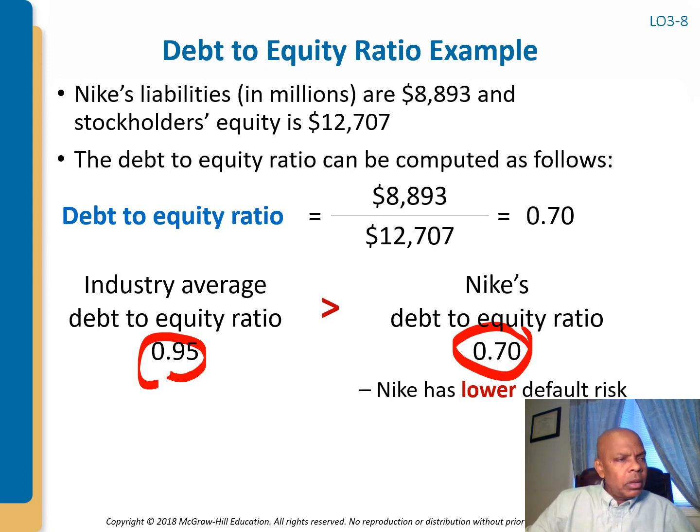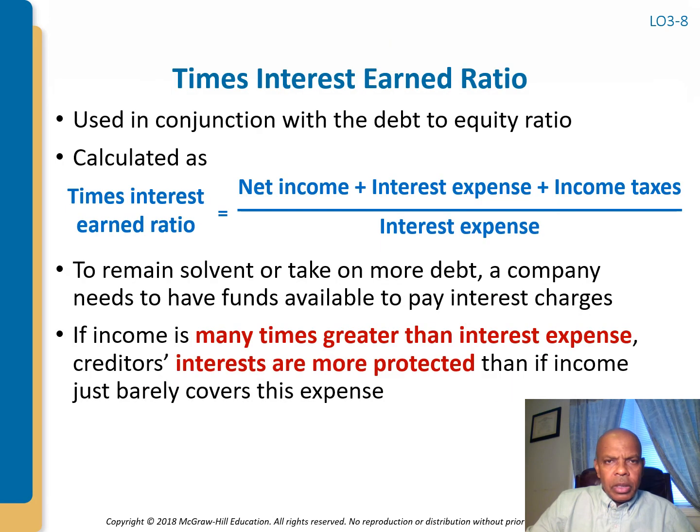Okay, see the times interest earned ratio. Let's see what that means. Used in conjunction with the debt to equity ratio, the times interest earned ratio is calculated as net income plus interest expense plus income taxes, divided by interest expense. What does that tell you? If you have too much debt, you have too much interest expense.